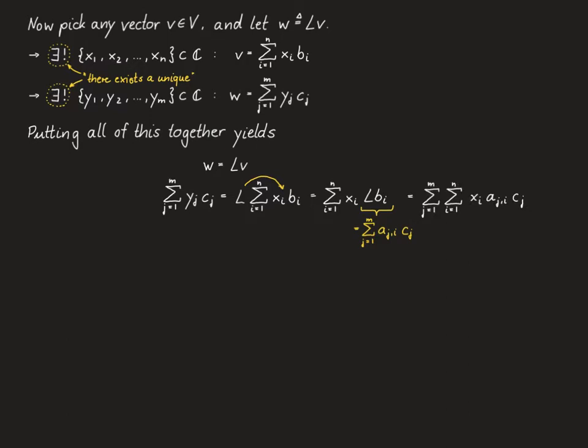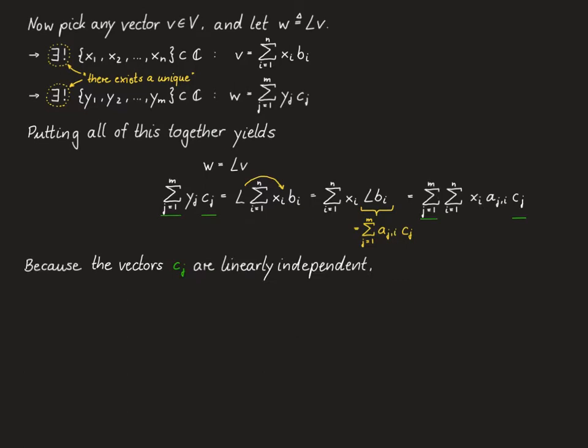Now we can pull the xi into this sum and exchange the order of the summation, and then we get the sum over the index j from 1 to m of the sum over the index i from 1 to n of xi aji cj.